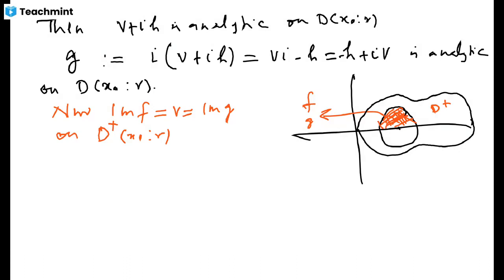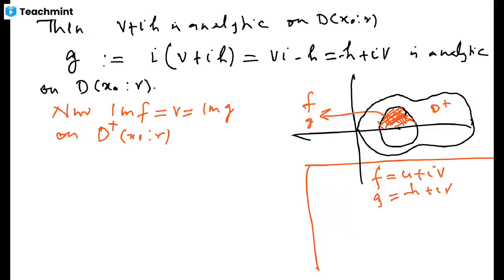And you have two analytic functions whose imaginary parts are equal, and it's a simple exercise that whenever there are two analytic functions with the same imaginary parts, for example F is equal to u plus iv, and G is equal to h plus iv, then F and G are both analytic functions, and so their difference is also analytic. F minus G is also analytic.